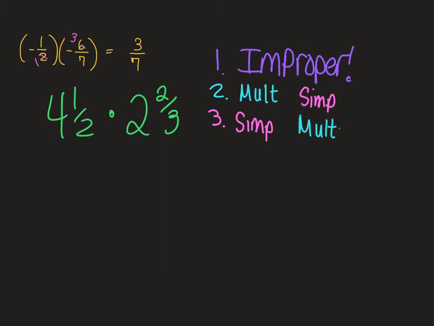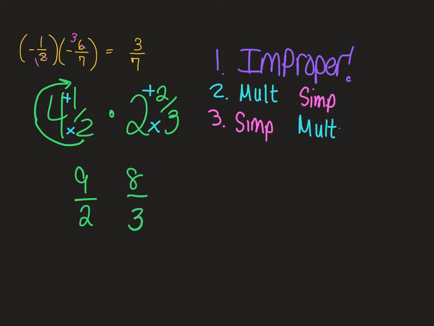All right, to make them improper, remember you start down here, you take this guy and multiply it by this guy, and then you add that guy. Maybe you remember writing a little times sign and a plus sign right there. So 2 times 4 plus 1 is 9. 3 times 2 is 6, plus 2 more is 8.